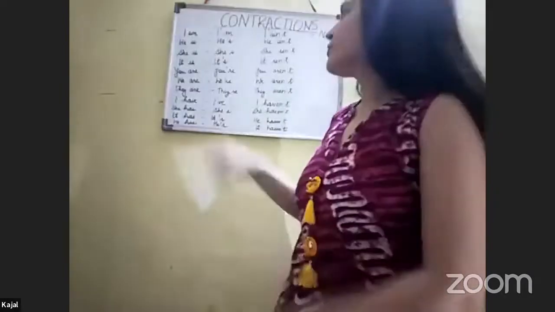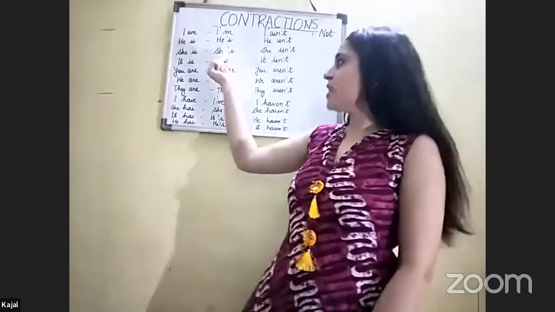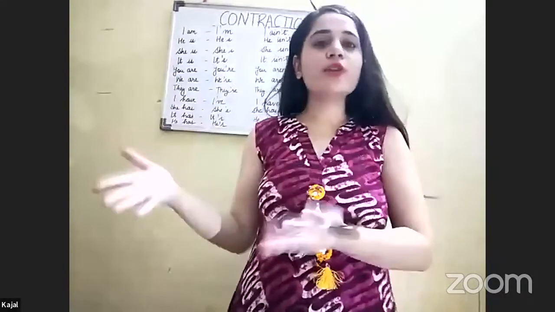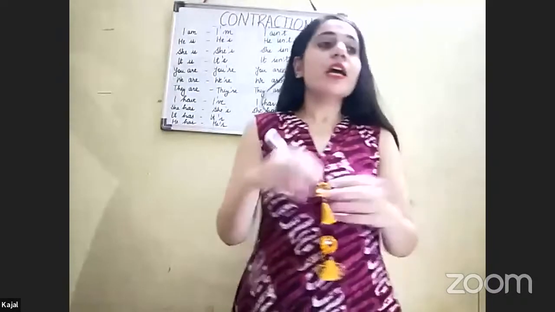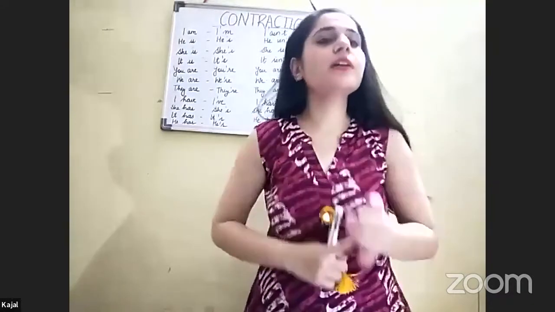So we are going to say he's, she's, it's. If I say he is going to the park, she is going to the park, or it is being done, then with the contraction I'm going to say he's going to the park, she's going to the park, it's being done.